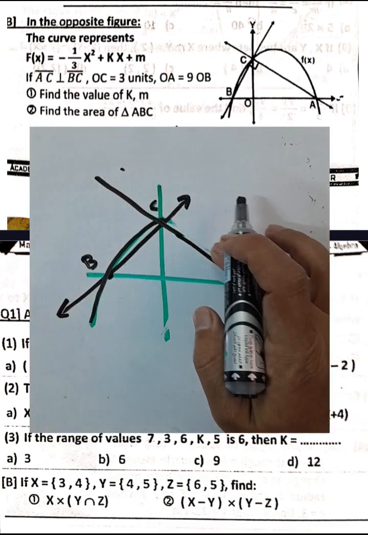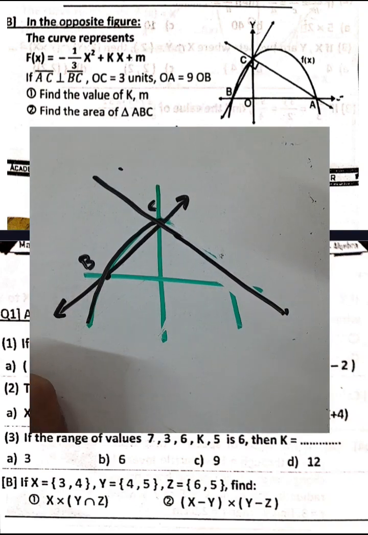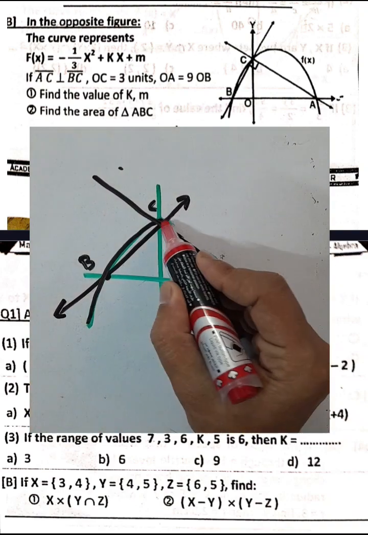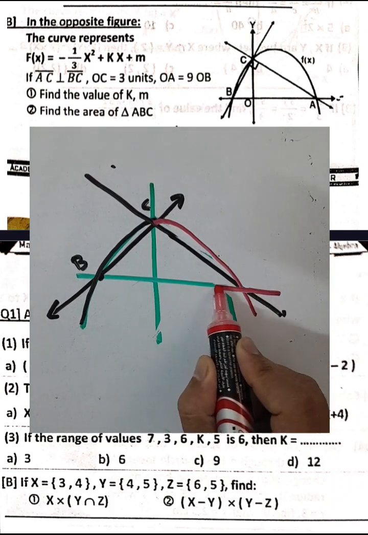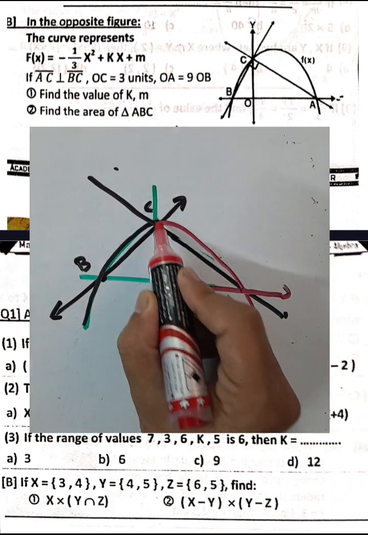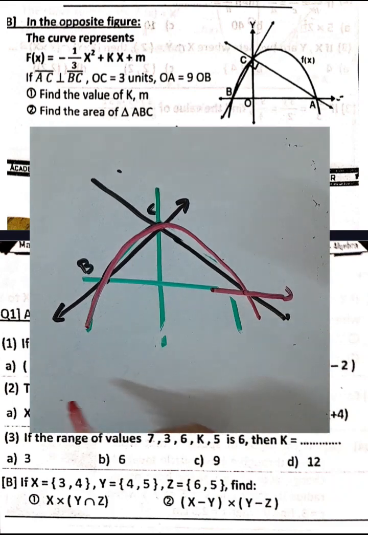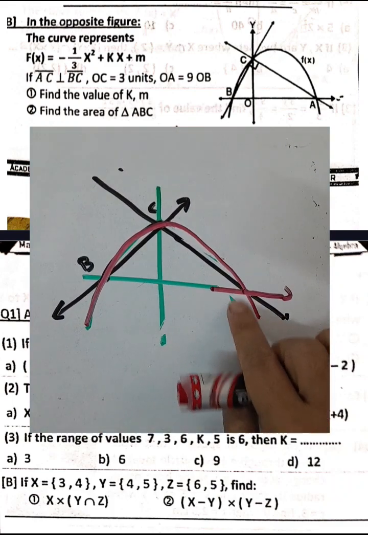This curve is perpendicular and cuts with them at 2 points, and here this is a curve.